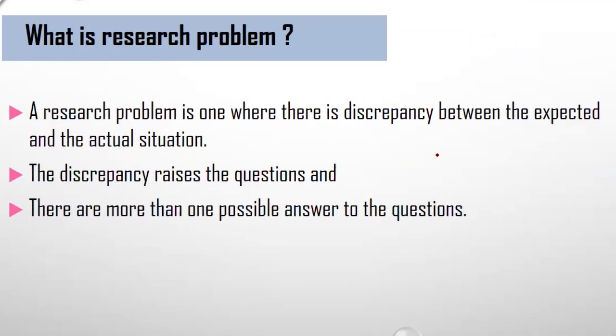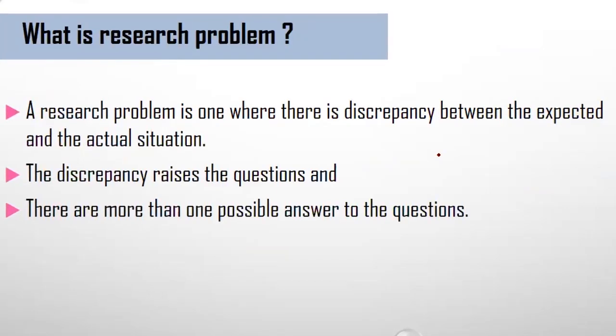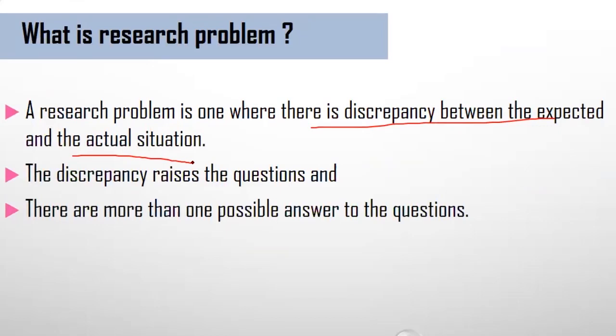Now in the next slide, I will discuss the research problem. A research problem is one where there is a discrepancy between the expected and actual situation. Actually, in our life, we always face problems because we find a discrepancy between the expected and actual situation.